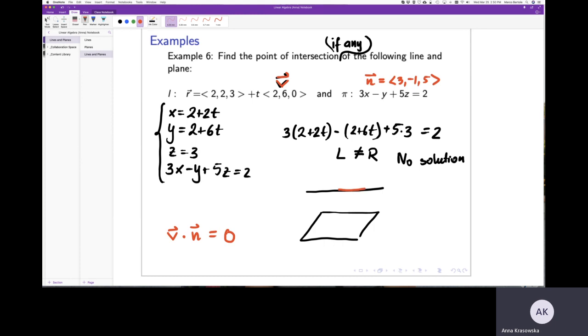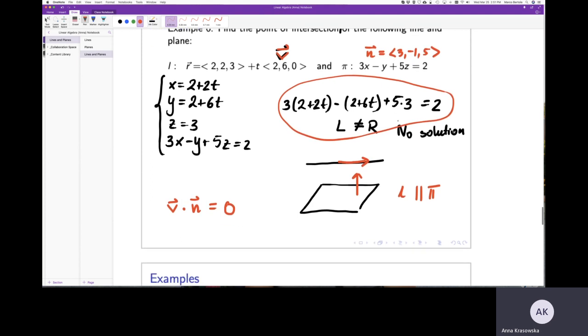It means the direction vector of the line and the normal vector to the plane are perpendicular. Therefore, the line and plane are actually parallel. So we couldn't solve it that way. But to show that there is no intersection point, it's enough to show that this equation has no solution.